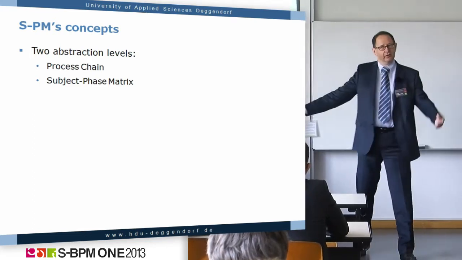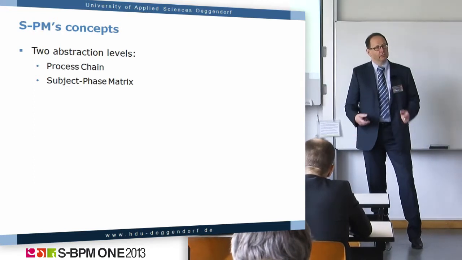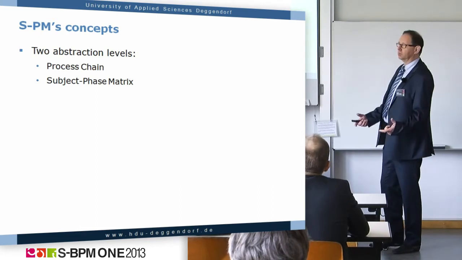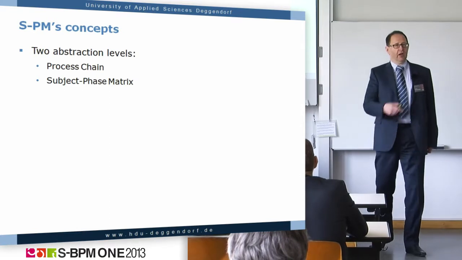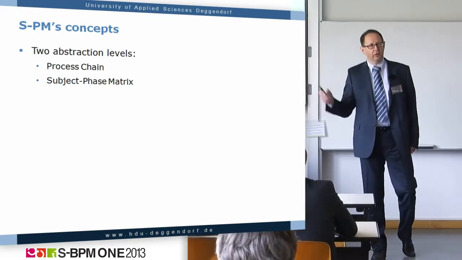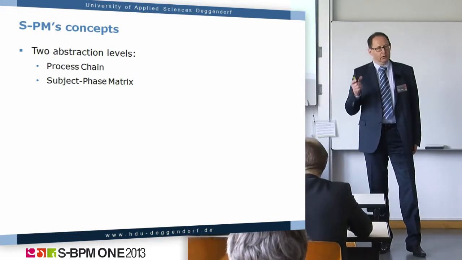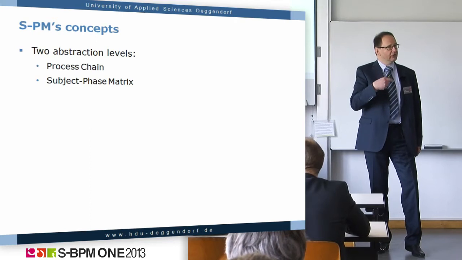So this is how the workflow goes on in such a description. The other thing is, if you have the sequence of steps, then you have to coordinate that with the responsible subject.